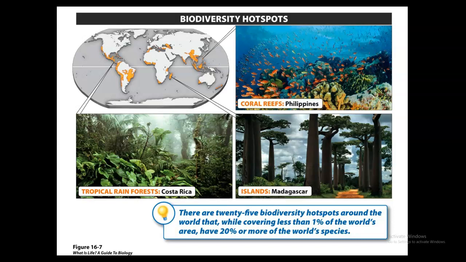Being further away is going to decrease the number of species on an island. Rate of extinction: smaller islands are going to have higher rates of extinction than larger islands, and that results from having a smaller population size. It's going to increase as the number of species on the island increases.